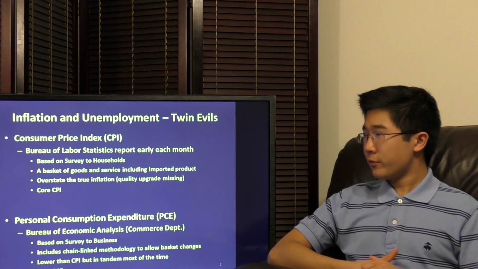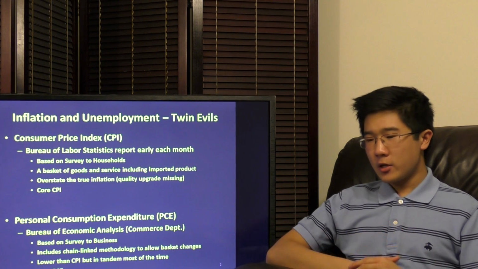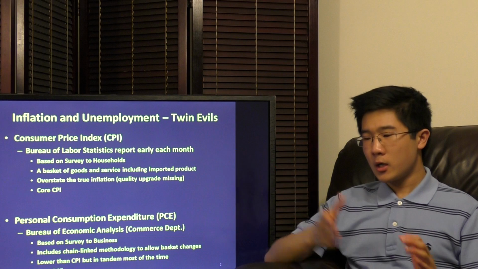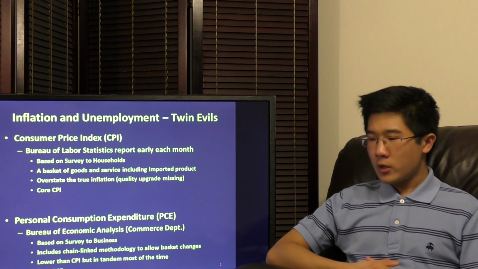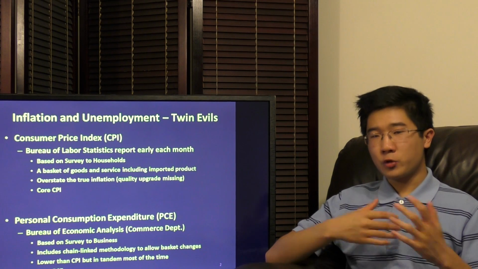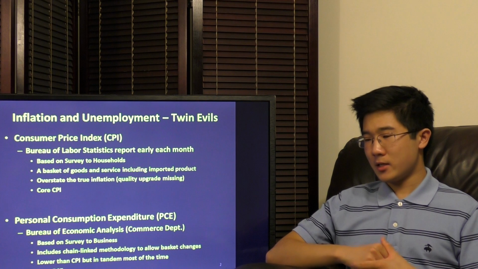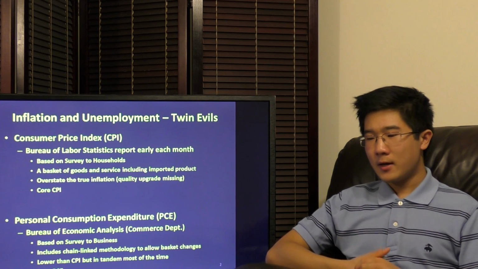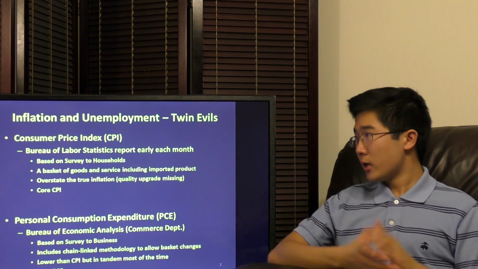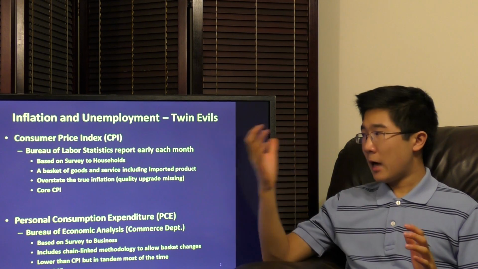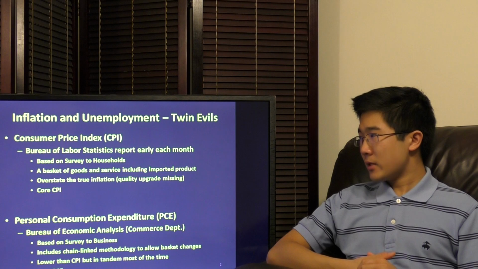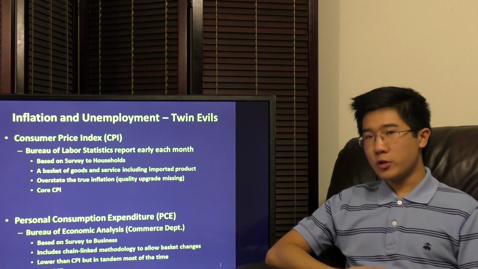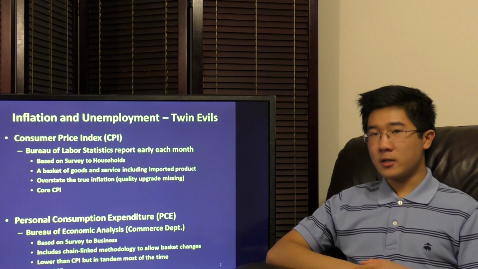And so when it comes to inflation, there are two main fundamental ways to measure it. One is from a consumer standpoint, the Consumer Price Index. The Consumer Price Index is recorded by the Bureau of Labor Statistics early every month based off of the previous month's statistics. And since it's a consumer standpoint, it's based off of a survey to households. It basically looks at a consumer basket of goods and services that includes imported products such as Heineken beer.